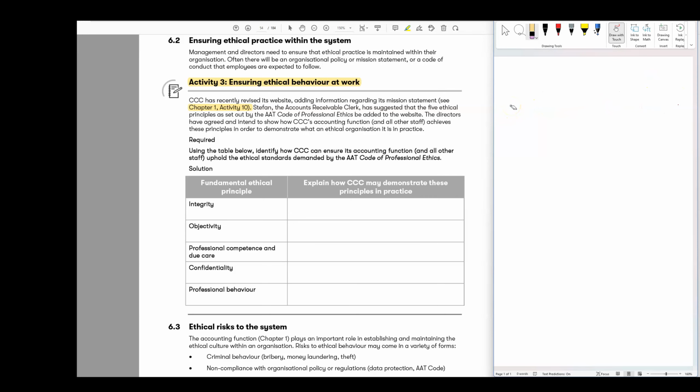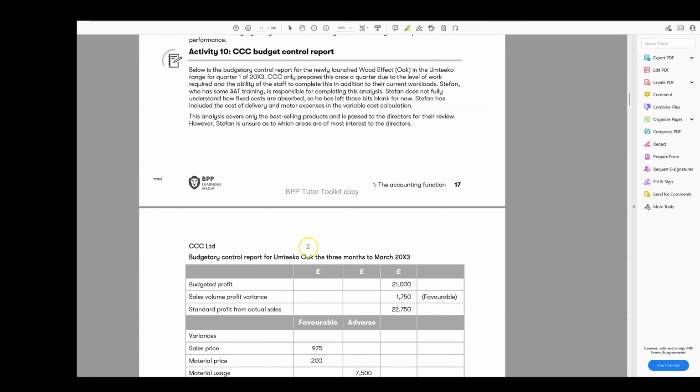Before that, let's quickly look at activity 10. Here is our activity 10, the CCC budget control report. It says below is the budgetary control report for the newly launched wood effect oak in the Omteco range for Q1 2013.